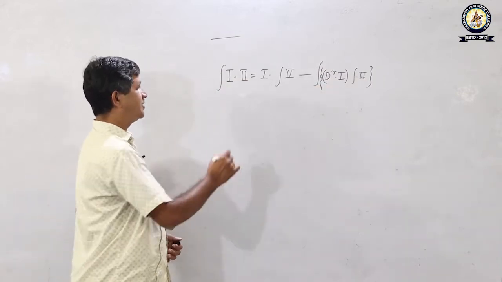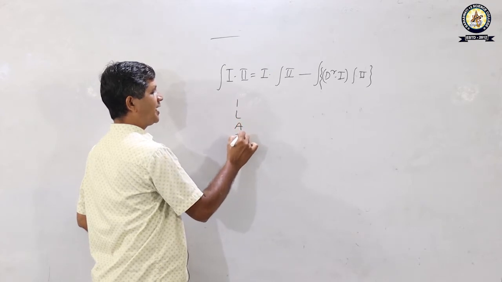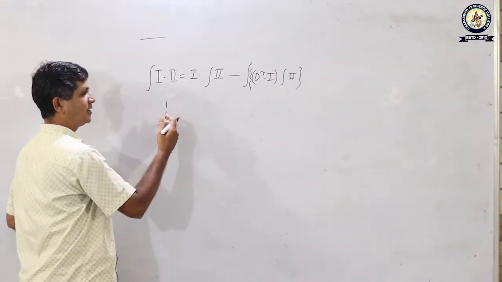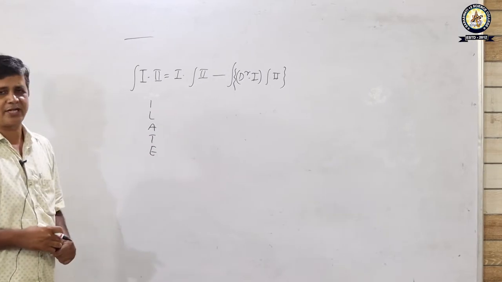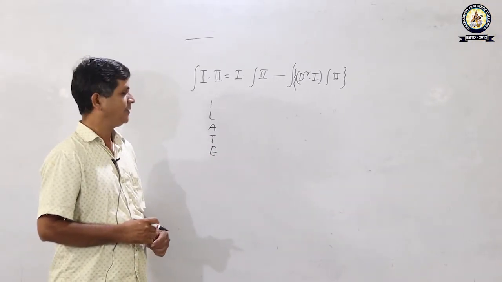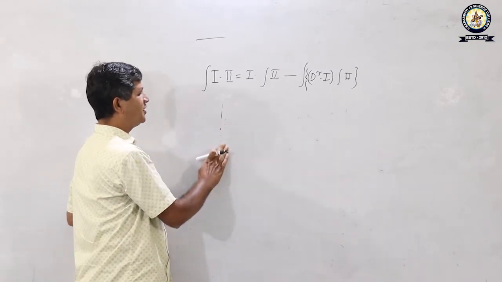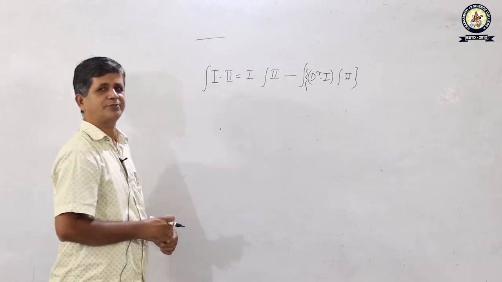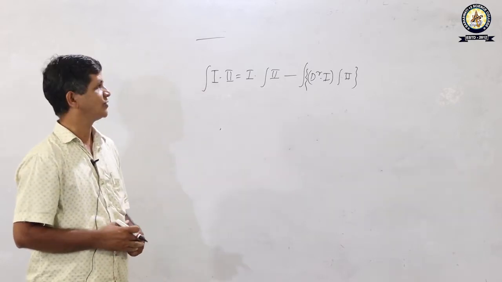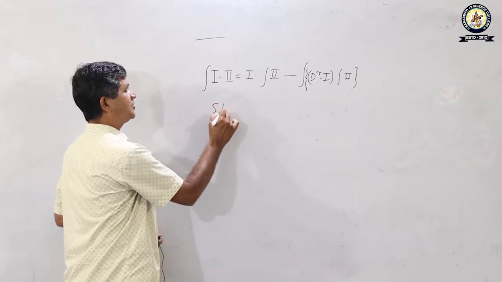In this case, the first and second function can be chosen by using the rule ILATE. I stands for inverse trigonometry, L for logarithm, A for algebra, T for trigonometry, E for exponential functions. Today we will discuss a shortcut formula for this type of question.